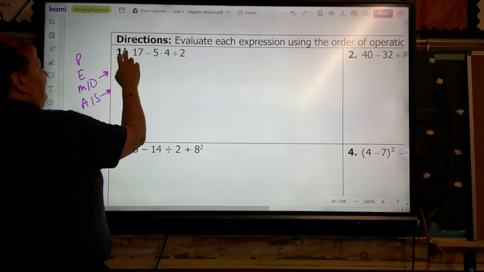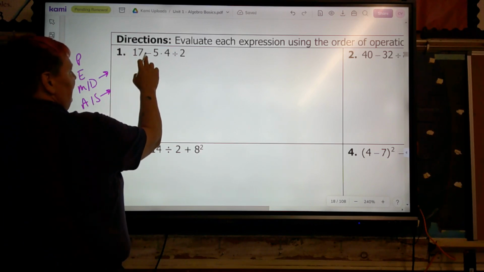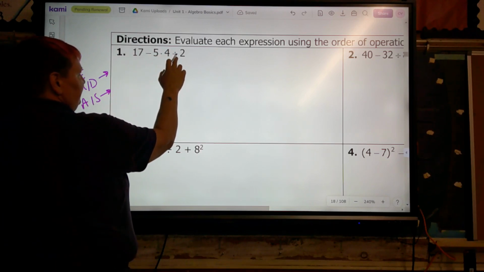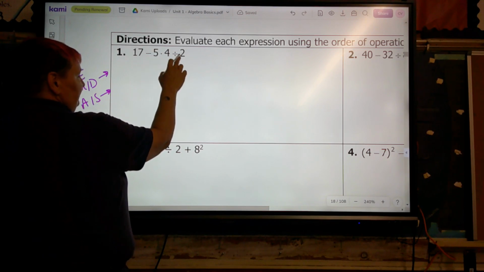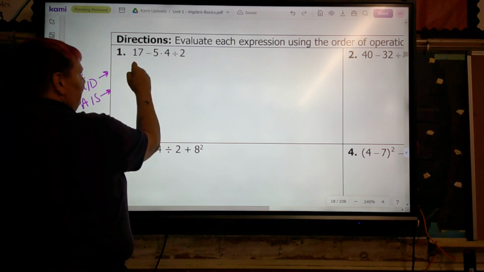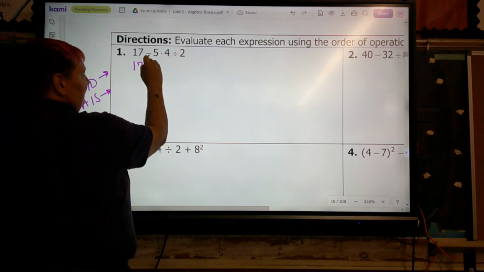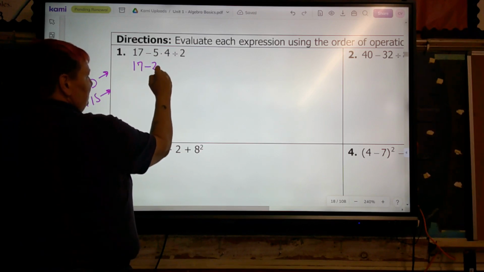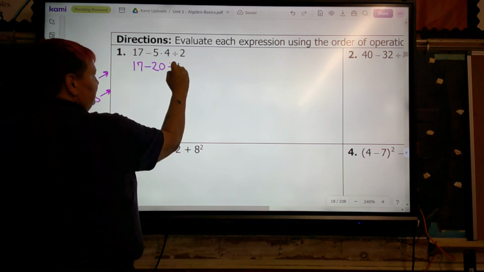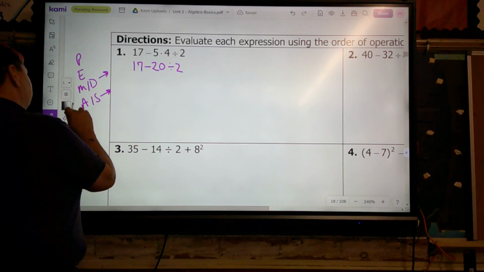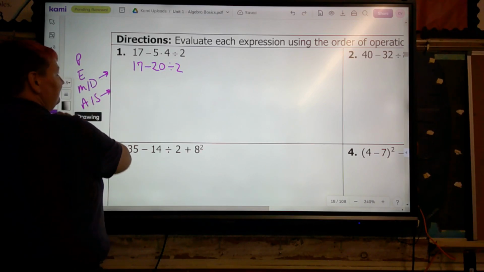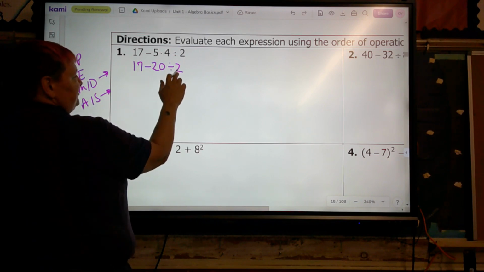Alright, so we have positive 17 minus 5 times 4 divided by 2. Multiplication and division left to right. So we have positive 17, negative 5 times 4 is negative 20 divided by 2. Alright, and then division next.